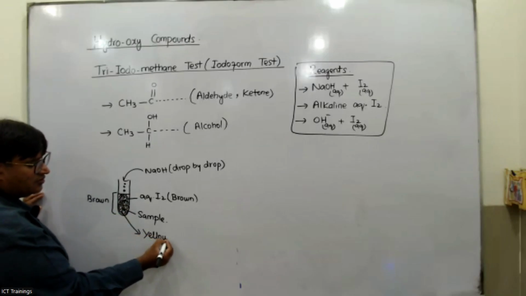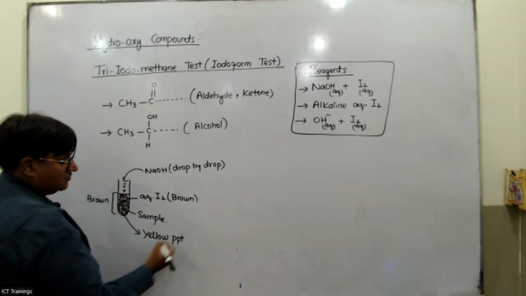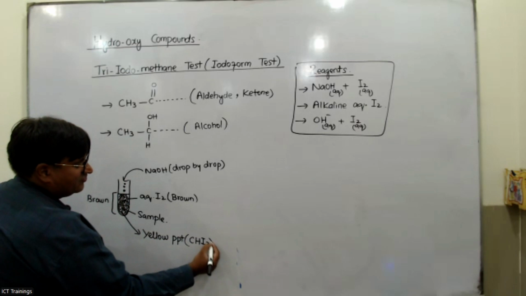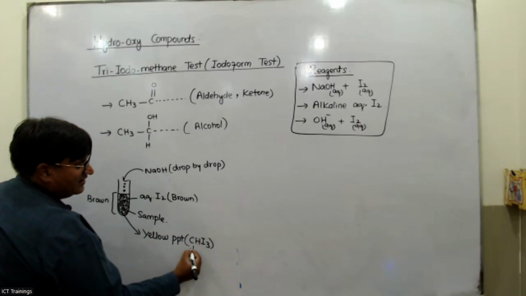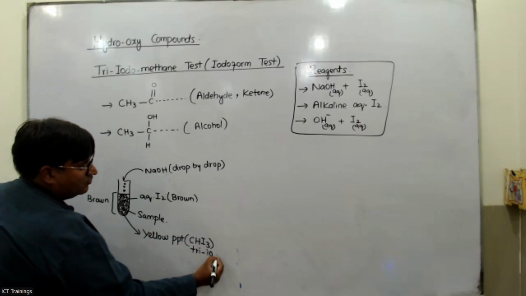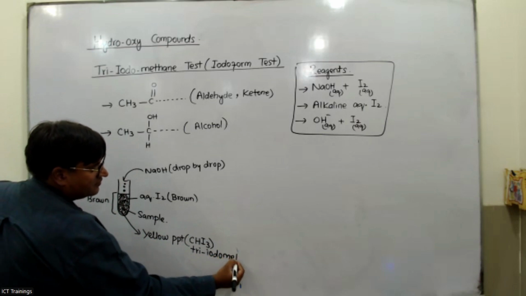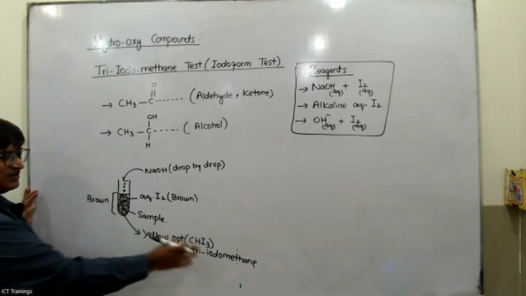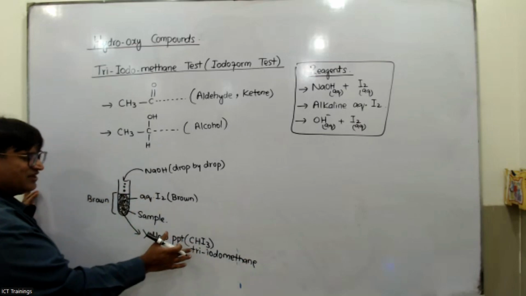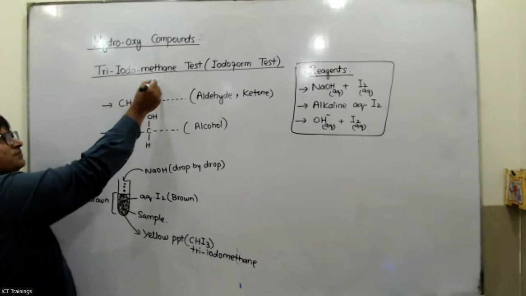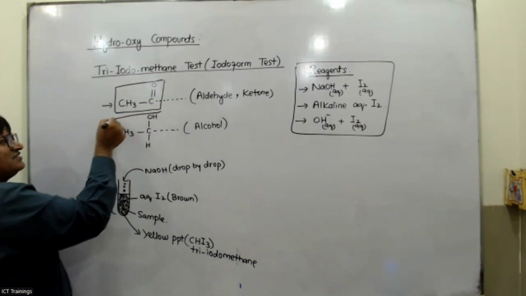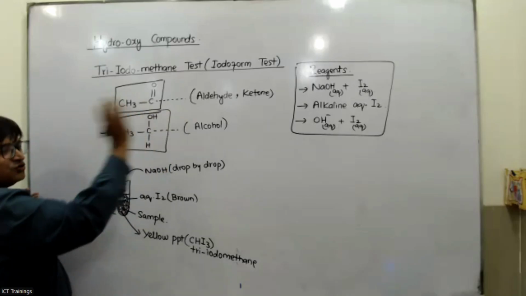This yellow precipitate is CHI3, which is called triiodomethane. It is formed when you have this group in an aldehyde or ketone, and this group in an alcohol.